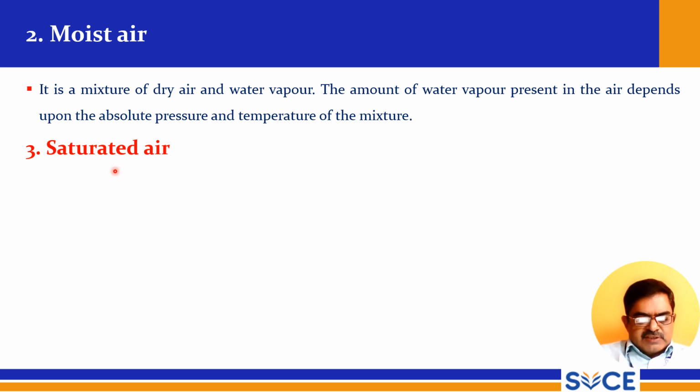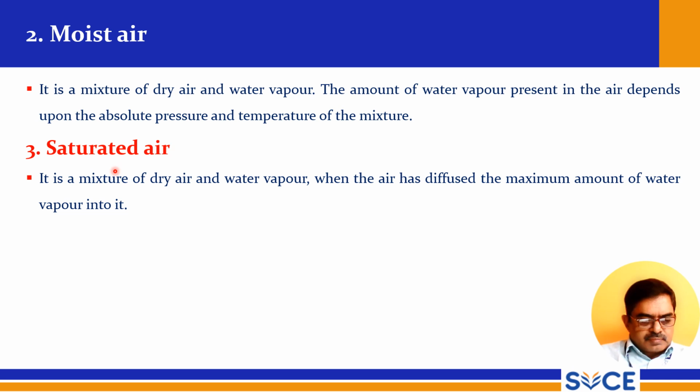So next is saturated air. It is a mixture of dry air and water vapor when the air has diffused the maximum amount of water vapor into it. So when there is the maximum amount of water vapor mixed with dry air, then that mixture of air is known as saturated air.